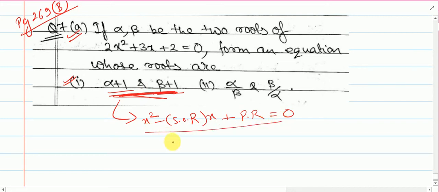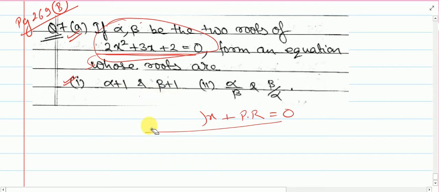Clear? So here, since we have been told that alpha and beta are the roots for this, we need to get some information from this first, and that has to be used for these two. So let's see how we can use that.